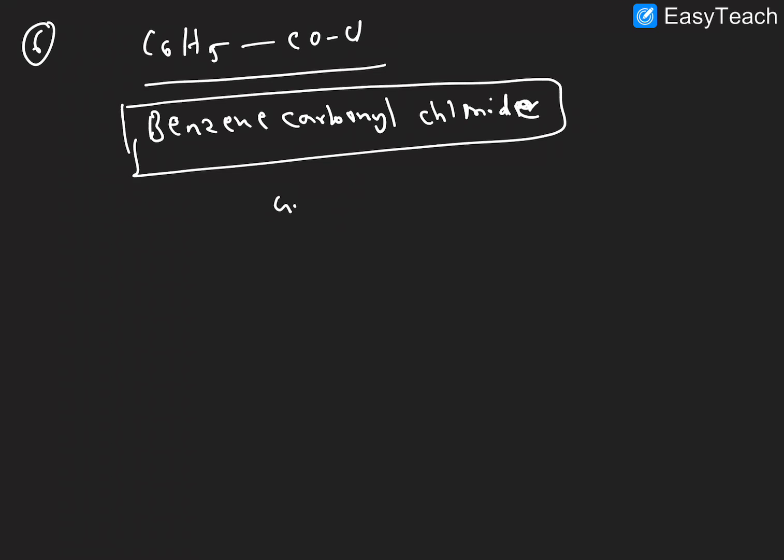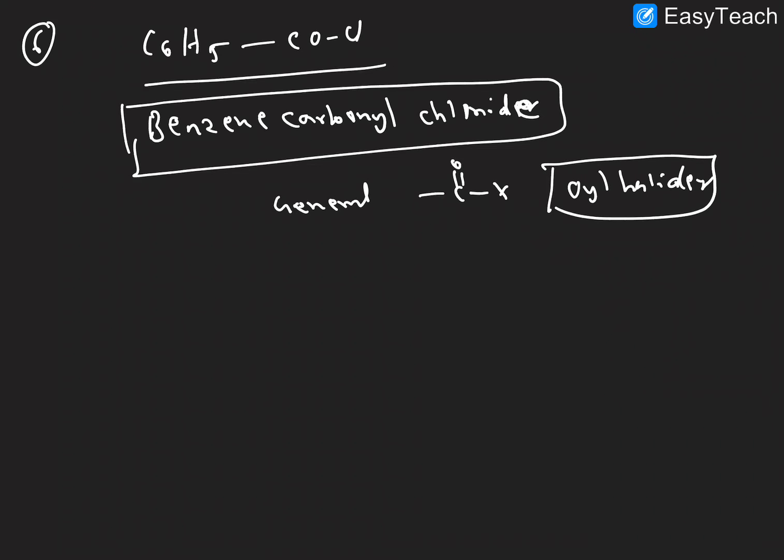Generally, an oyl halide is when C double bond O and X are present, but here it is not like that.